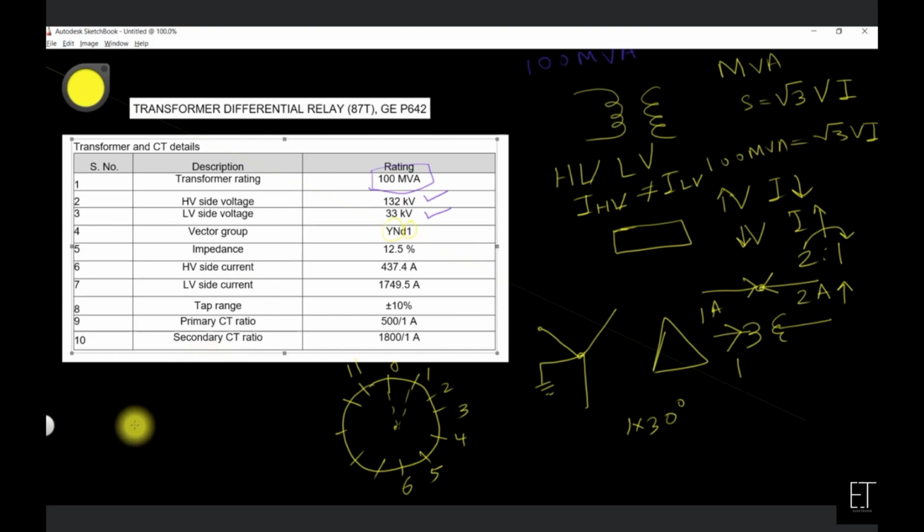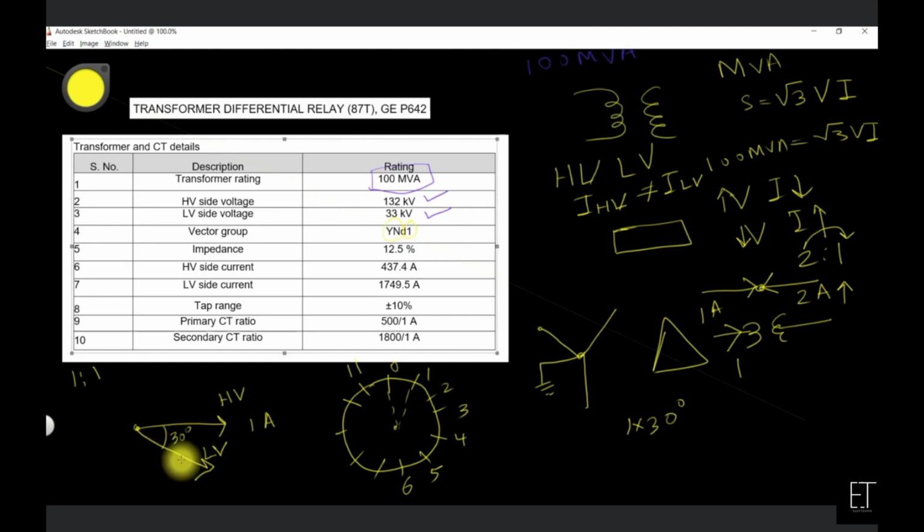For example, if you have a current of 1 ampere at the HV side, and considering a 1:1 transformer, there is no difference in the magnitude of the current in the healthy condition, but there is a phase shift of 30 degrees. Here you can see this is the HV current and this one is the LV current, with a phase shift of 30 degrees between HV and LV.